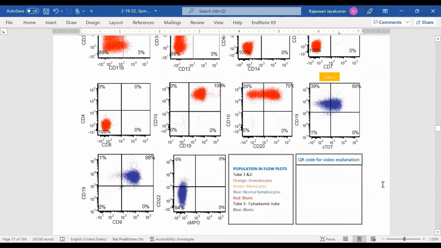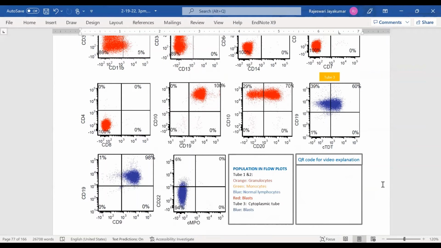Most labs use CD19, CD10, and CD20 in their screening tubes, and then when that is positive, they add on the cytoplasmic tube to look for CD22 expression and also to look for additional markers so that they can get a more detailed phenotype, which can be used later when they evaluate for MRD.